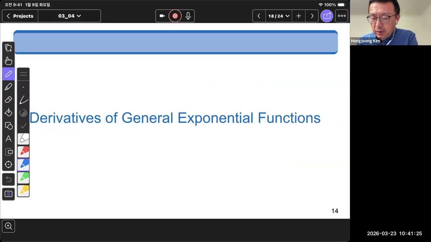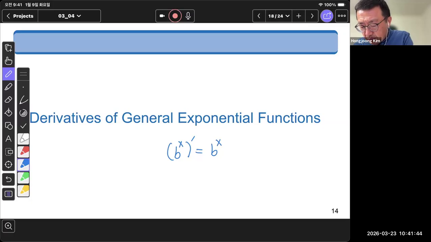Now, previously, in case of the derivative of the exponential function, we had this formula. When b to the x is differentiated, we get b to the x times what?